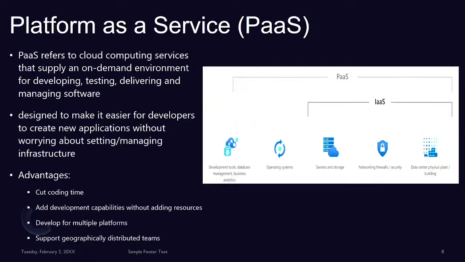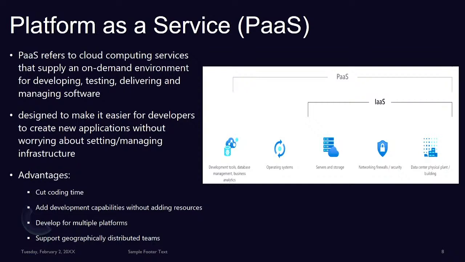The second type of cloud computing service is called platform as a service. PaaS refers to the cloud computing services that supply an on-demand environment for developing, testing, delivering and managing software. So PaaS contains your IaaS plus development tools, database management, business analytics tools, plus operating system as well.